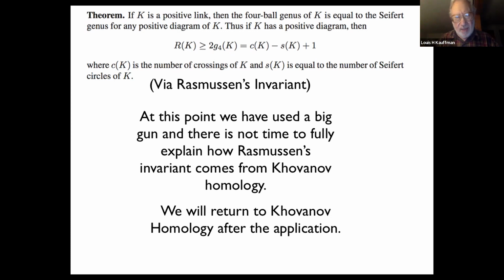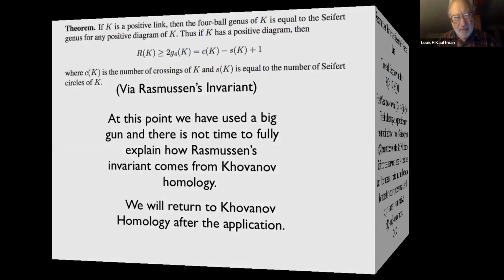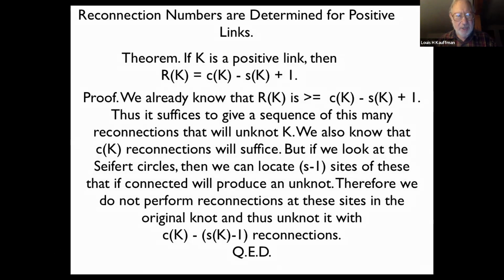And now with that and an elementary construction that I will show you immediately before going to Khovanov homology, we get that it's equal. So the reconnection numbers for positive links are in fact exactly the number of crossings minus the number of Seifert circles plus 1. And all we have to do to prove this, relying on Rasmussen, is to show that we can do it in that many steps.